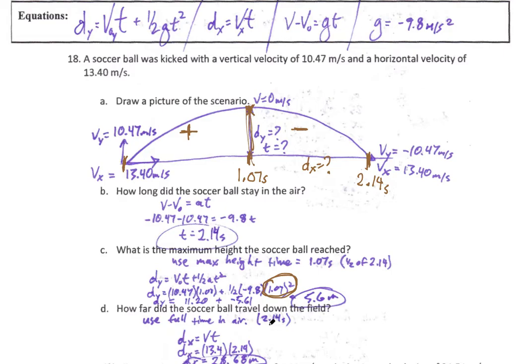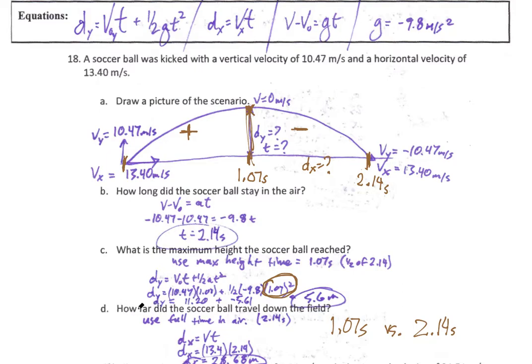Now be careful because it's hard to figure out sometimes when am I supposed to use halftime, which would be 1.07 seconds, versus when do I use the full time. In this case, it would be 2.14 seconds. Again, think conceptually. Don't try to just plug it into an equation automatically.